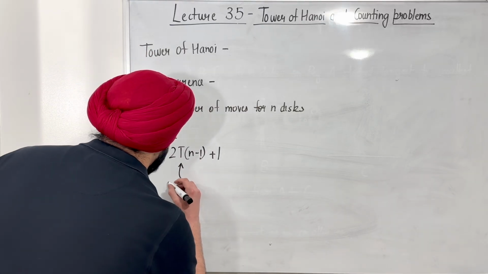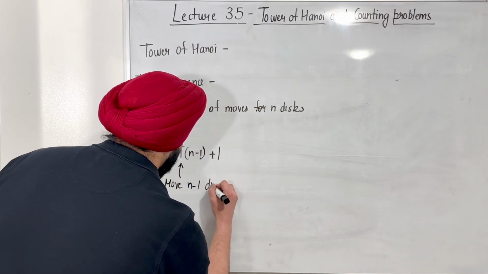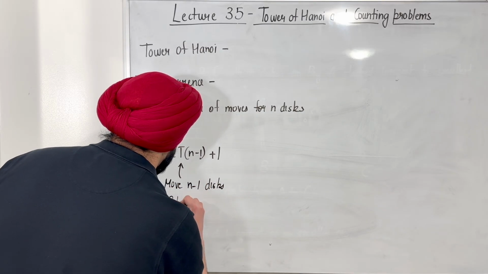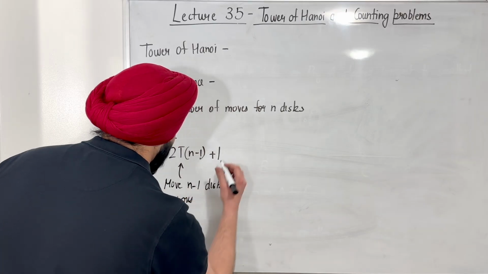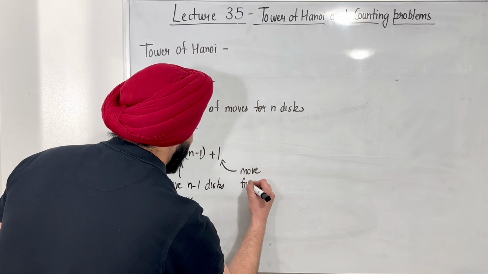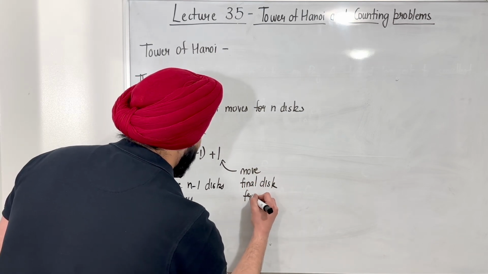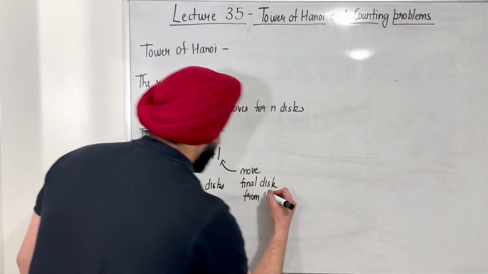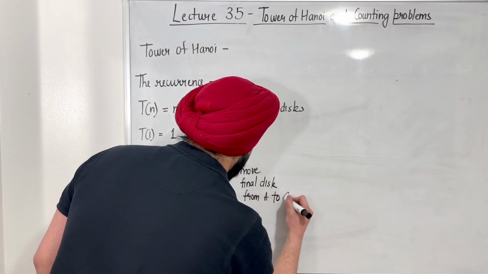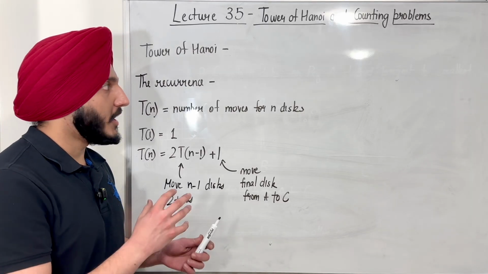So this is: move n minus 1 disks 2 times, and move the final disk from A to C. And that's pretty much it. So I hope you were able to understand this problem.